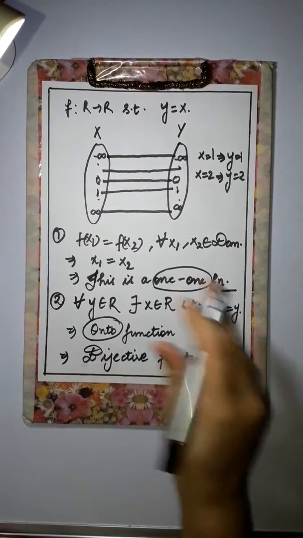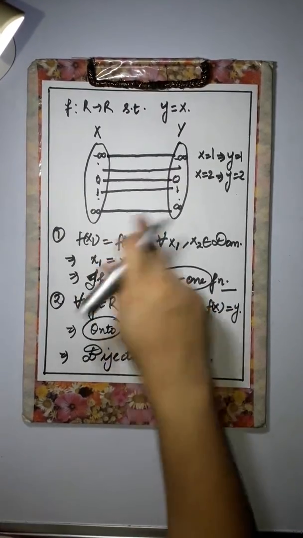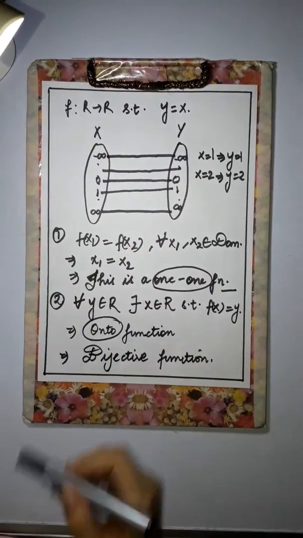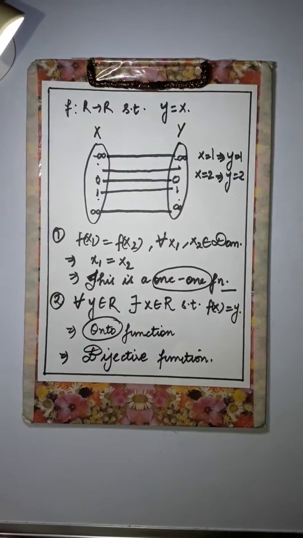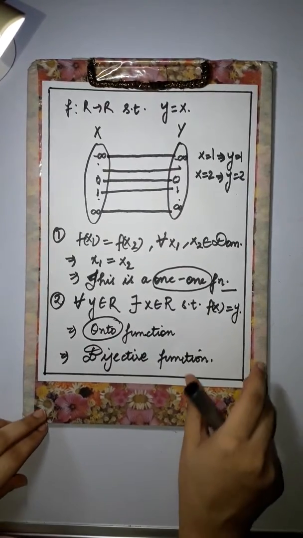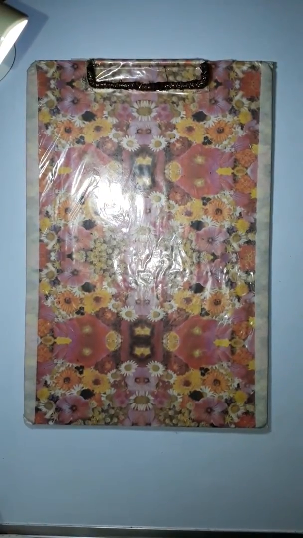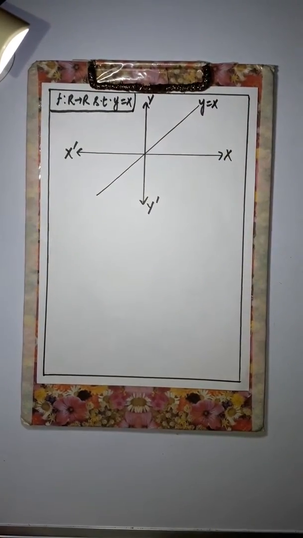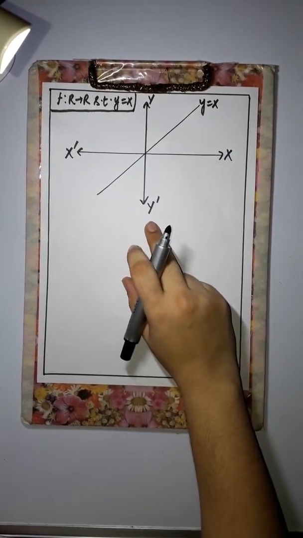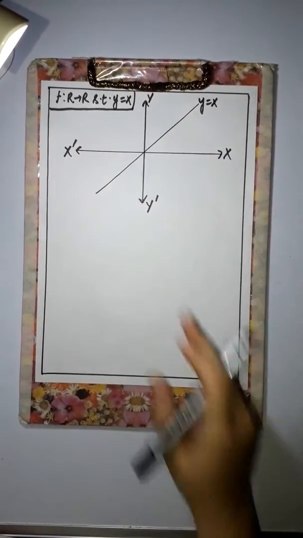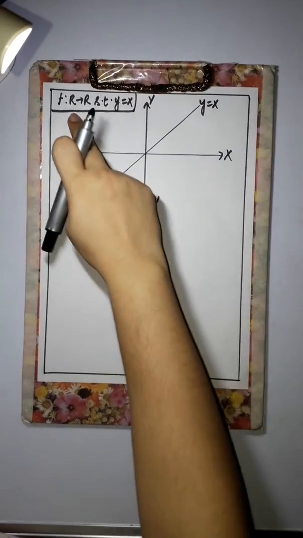We have studied it now with the help of a diagram. Now we will consider the same example and we will do that with the help of a graph. So here, as you can see, this is the rough sketch of the graph of y is equal to x with domain and codomain both real numbers.